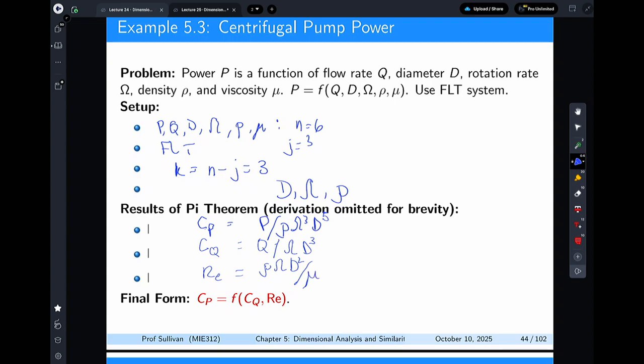So again, I end up with a set of variables out of this, and if you do the calculations, which you should, you'll end up with C sub P, C sub Q, and the Reynolds number, and you can do a really quick check on some of this.